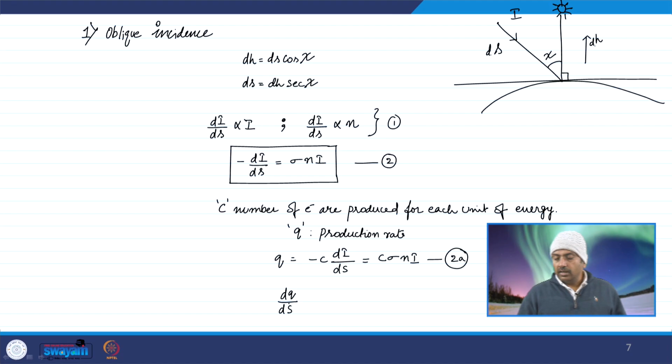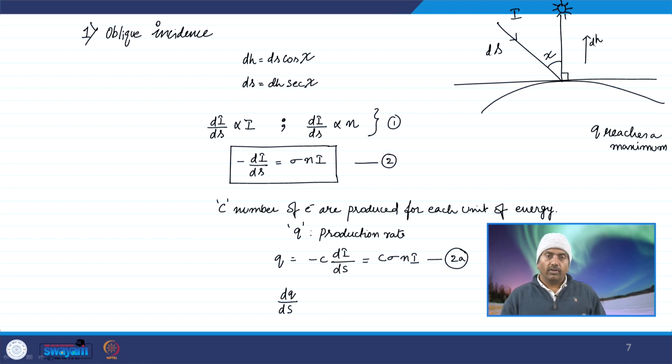Now, this production rate will reach a maximum. Q reaches a maximum, right. So, if you have to have the peak electron density at F2, you know for a fact that Q is maximum at that point. It is increasing, it is varying, but it is reaching a maximum value. So, how do you define maximum in a mathematical way?